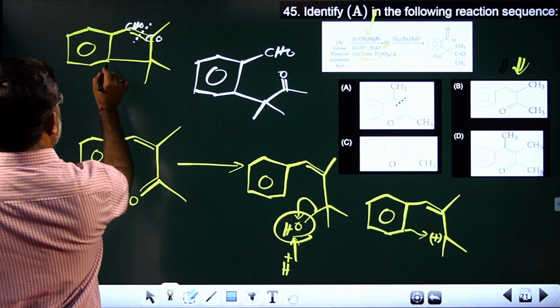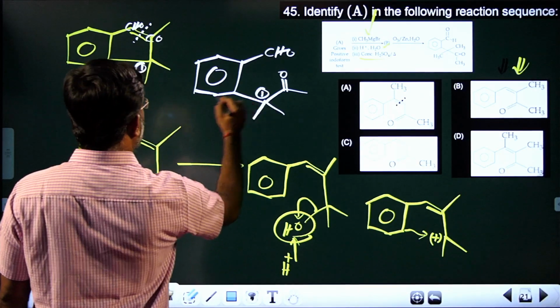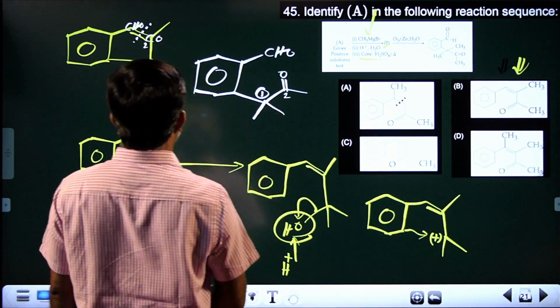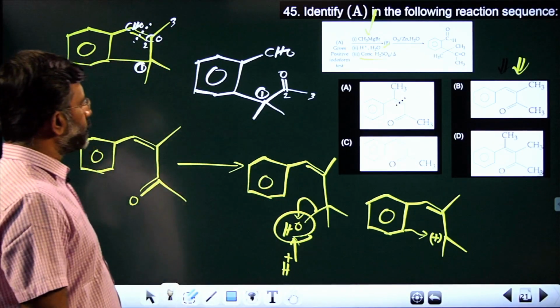See this carbon, I am labeling 1. This is carbon labeled 1, this is carbon labeled 2, and this is carbon labeled 3. Hope it is clear.